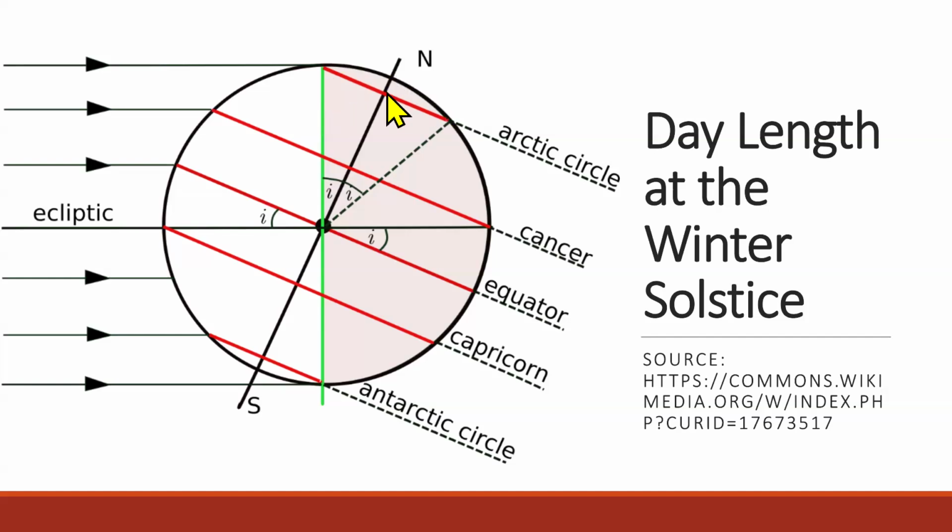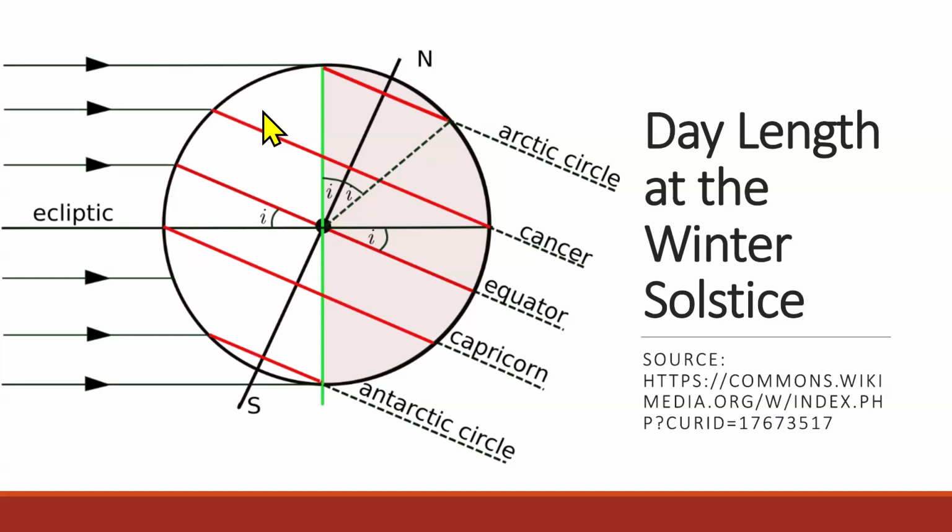And then as we go towards the equator, we have a longer period of the day that the points at the mid latitudes are going to be in nighttime, and shorter periods that they're going to be in daylight. So that explains why we have shorter day lengths during the winter in the northern hemisphere.